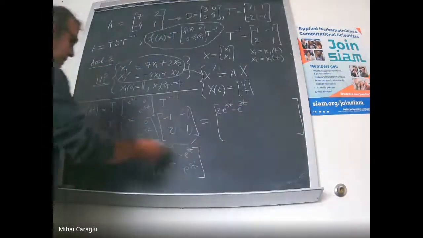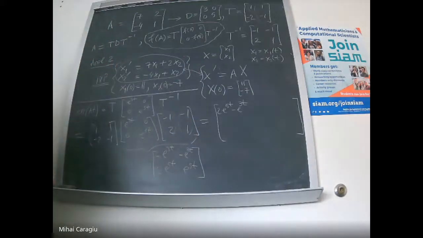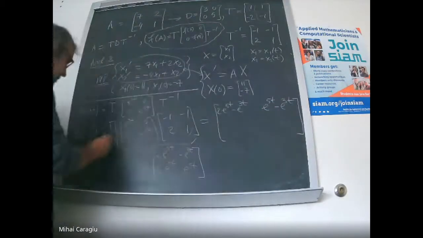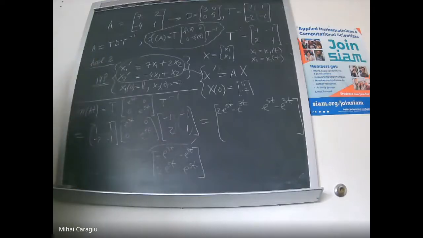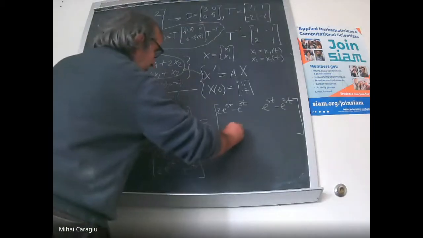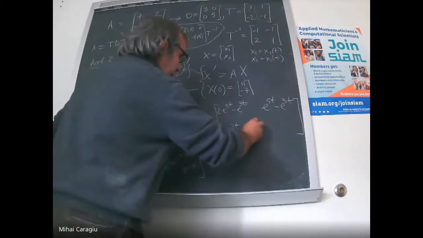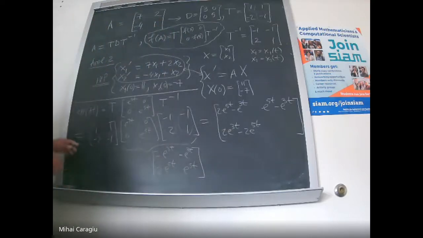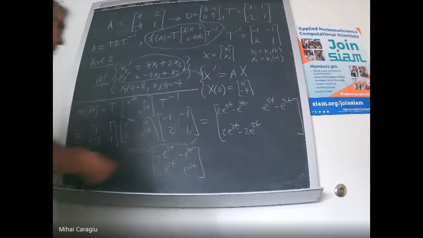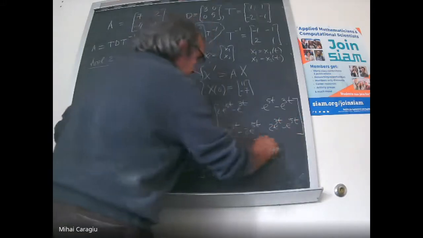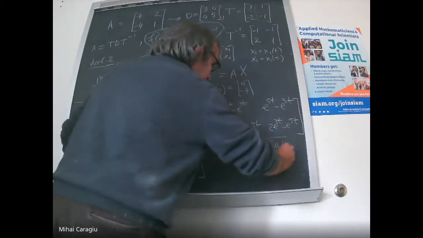First, second, e to the power 5t minus e to the power 3t. Second row, first column, 2 e to the power 3t minus 2 e to the power 5t. And finally, second, second, 2 e to the power 3t minus e to the power 5t. And this being the exponential of a times t.